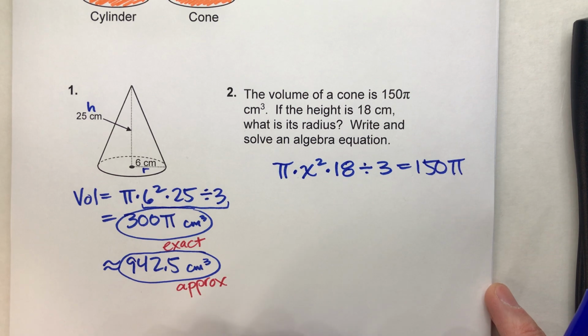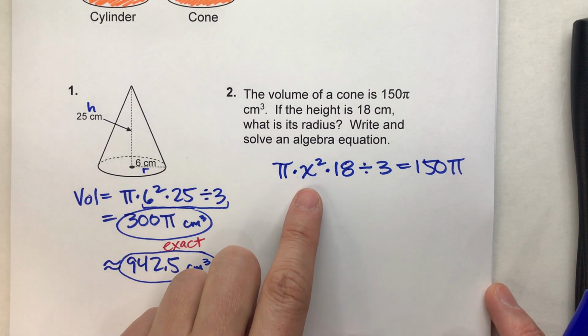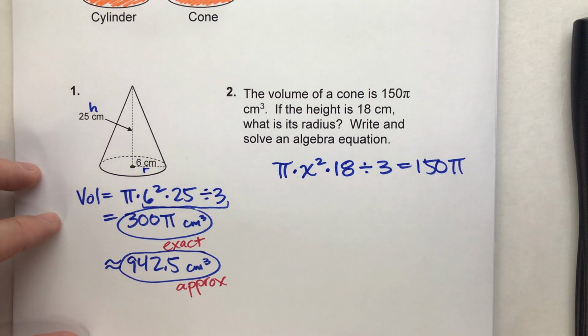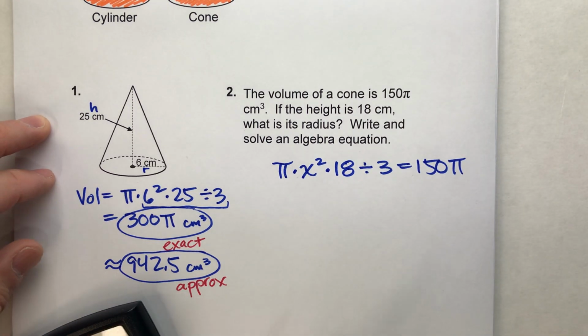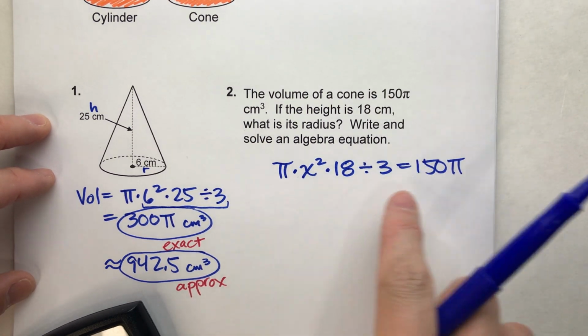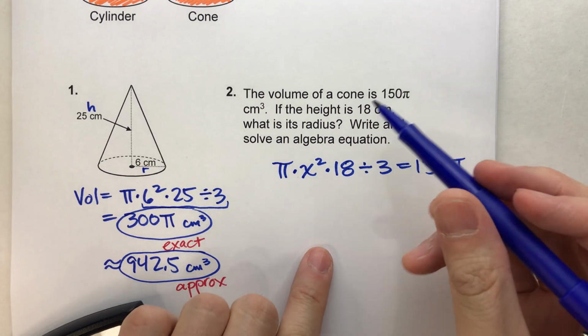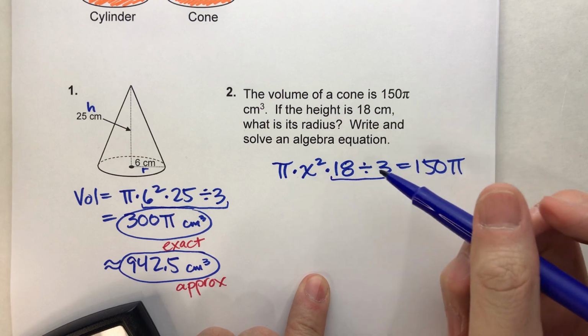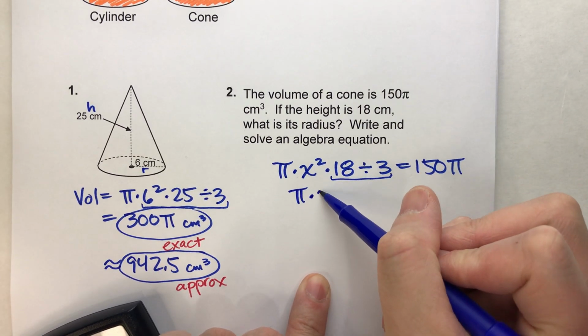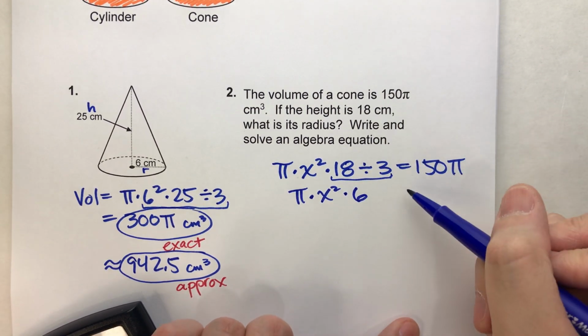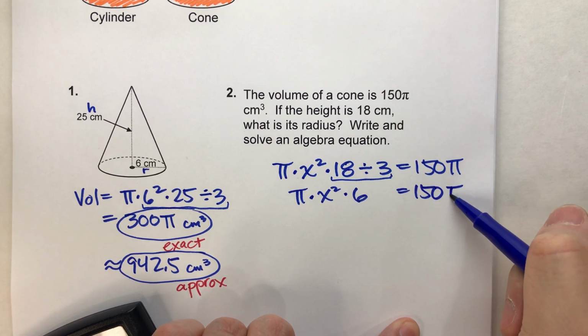And that's the equation we're going to have to solve in order to figure out what that radius is. Now, luckily, our volume is in terms of pi, which is actually going to make things a little bit easier. But let's simplify this a little bit, because I know 18 divided by 3 right away is 6. So let's just make this pi times x squared times 6 equals 150 pi.